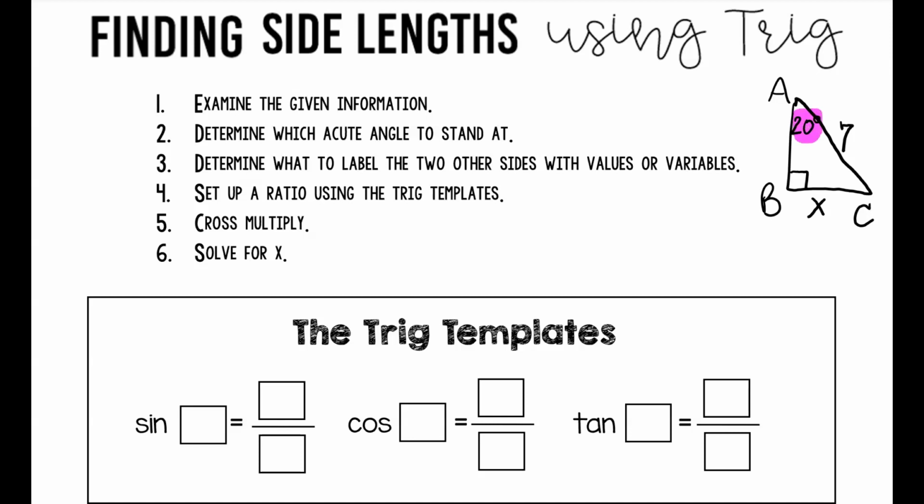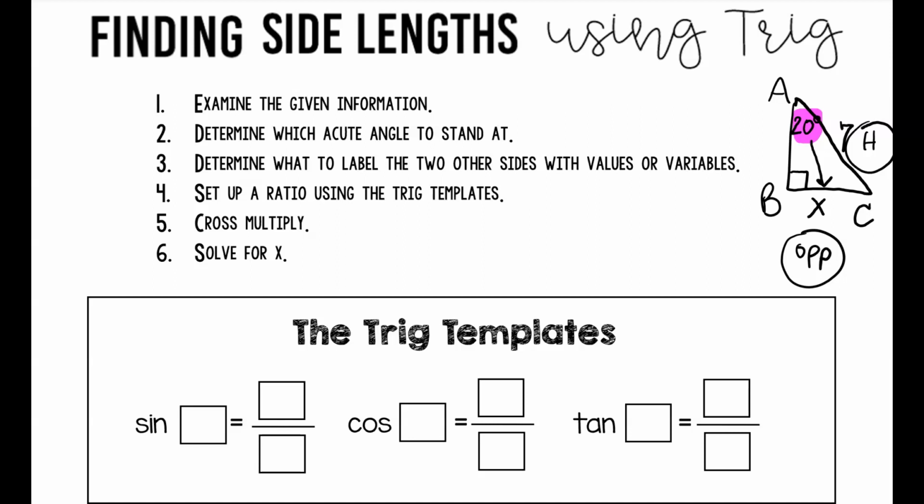So again, because this is the acute angle they gave me, that's where you're going to stand. You're going to look at what these 2 sides are with respect to where you're standing. So if I'm standing at 20, that X is the opposite side. And no matter where I'm standing in this triangle, that 7 is the hypotenuse. So if I'm going to be using the opposite and the hypotenuse, I'm going to be using the trig function sine. So it's important that you look at the triangle and determine what trig function you're going to be using.